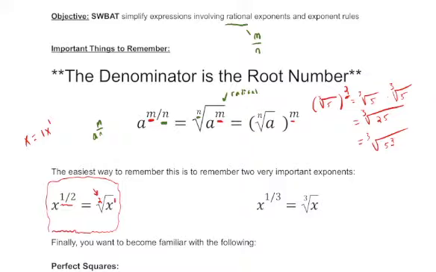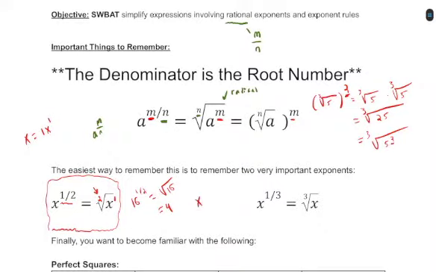So you want to have that one memorized right off the bat. If I say 16 to the 1/2 power, that would be the square root of 16. That would be 4. You just want to have that burned into your brain. But in order to figure out more complicated ones, like if we had x to the 3/7, well, then using the 1/2 square root doesn't really help as much because there's a hidden root number.